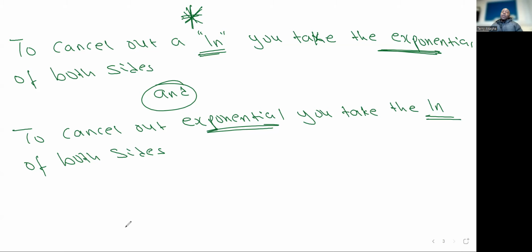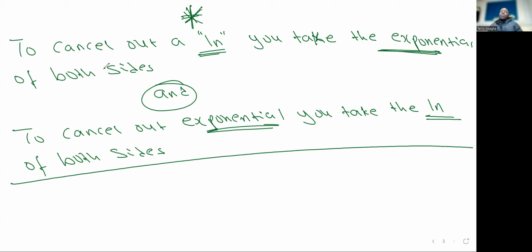And it's very important for you to know that when you're applying this canceling out, there should be no constant in front of the ln or exponent.